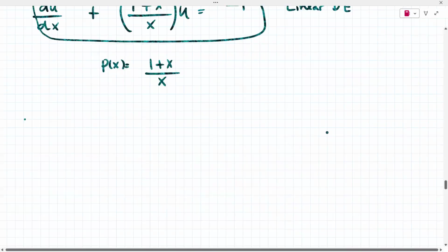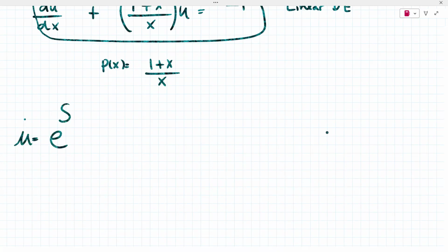Okay, so my mu is going to be e to the integral of p of x, which is 1 plus x over x. If you clean that up, I should have cleaned that up. 1 plus x over x is the same thing as 1 over x plus 1.